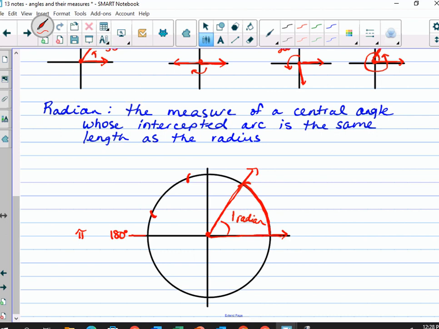Okay? If I kept going, 4, 5, 6 and a little bit more, what would 360 degrees be the same as? Yeah, 2 pi. That's actually really interesting. And we're going to use that pi versus 180 all the time.